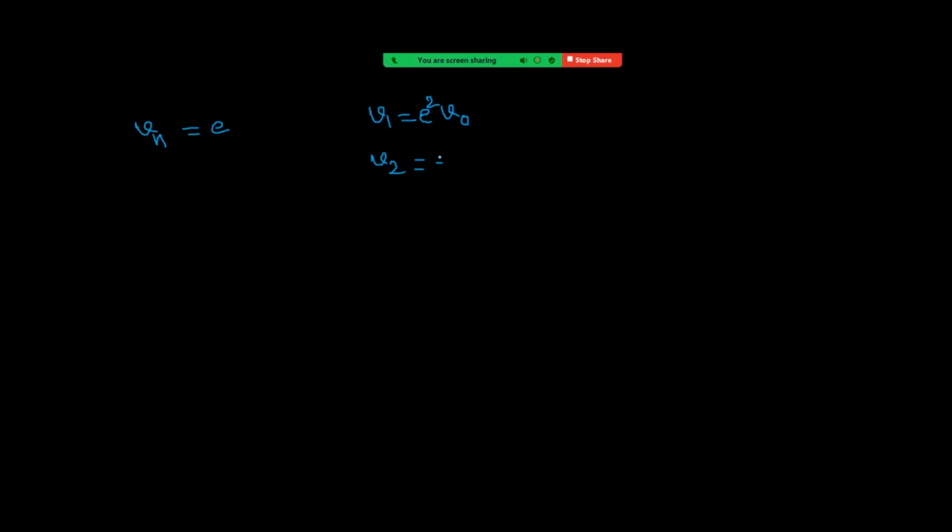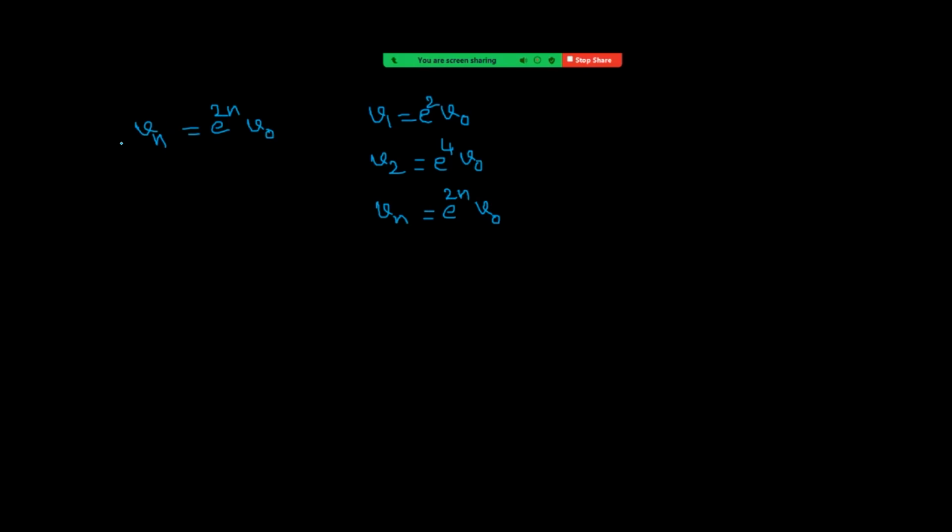V2 equal to e power 4 into V naught, right? Generalizing that, Vn equal to e power 2n into V naught. So writing the same thing here, e power 2n into V naught.